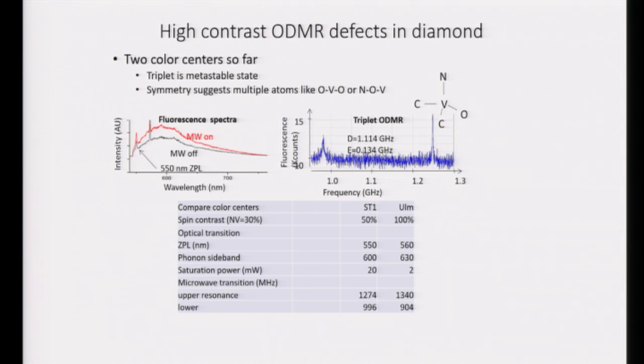Essentially, you get very strong fluorescence when the microwave is on, very little when it's off. That's much better than nitrogen vacancy, which means you'll get much, much better results. In fact, there were some experiments in Stuttgart where they had some interesting quantum information that they could do with this center that they couldn't do otherwise. So it's very useful, except for one thing: nobody knows what this is. So if you want to make another one, you can't.